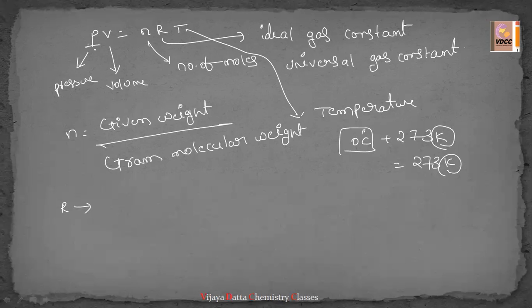Otherwise, if you take pressure in bar or torr and volume in milliliters, the value of R will change. So for R we have different values. Let us see some numerical values of R.